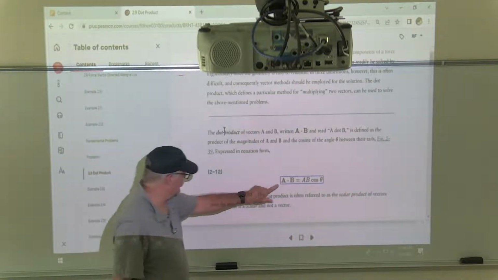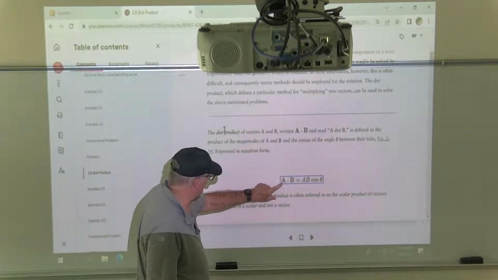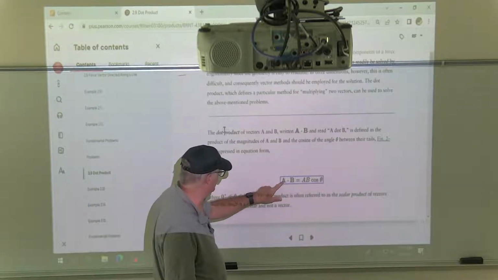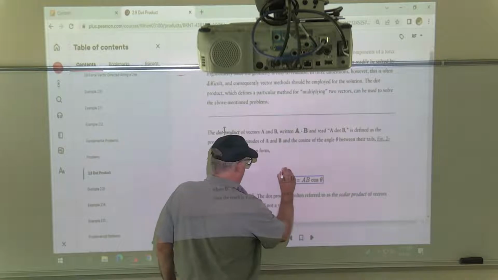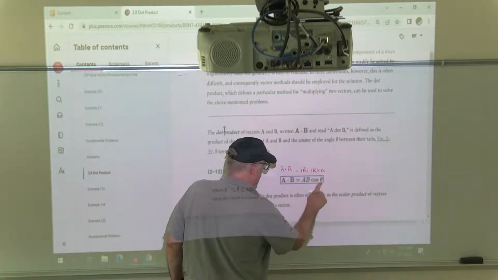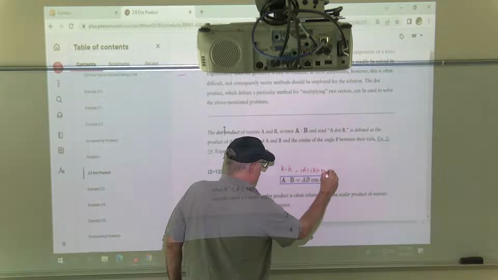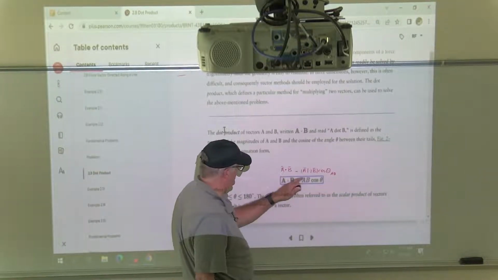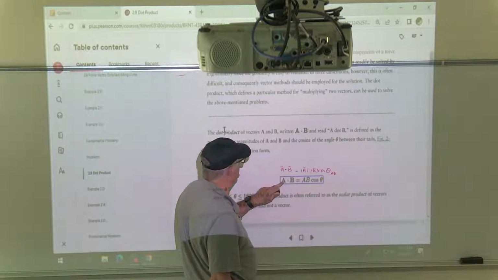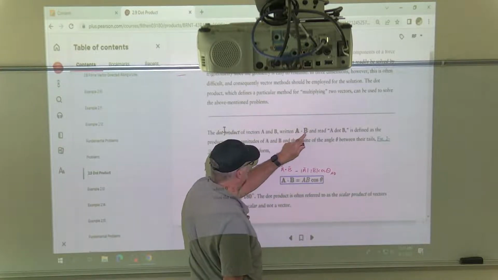His boldface letters indicate a vector, and the not boldface indicate the length of it. When I was writing it, I wrote A dotted with B is equal to the magnitude of A, the magnitude of B, and the cosine of the angle between them. A lot of times it's listed like that. So his is no different. You just have to get used to boldface meaning it's a vector.